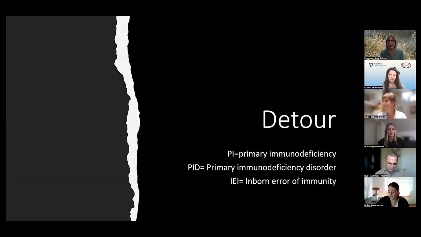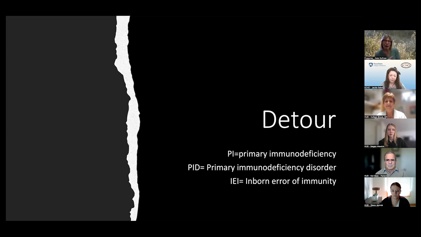So I'm going to take a tiny detour at the beginning because I personally think the nomenclature is a little confusing. I'm going to try and use the term primary immunodeficiency, PI. It's a commonly used acronym. An alternative that is equally in use, but perhaps slightly problematic because it shares the acronym with another disease that's unrelated, is PID, for primary immunodeficiency disorder.